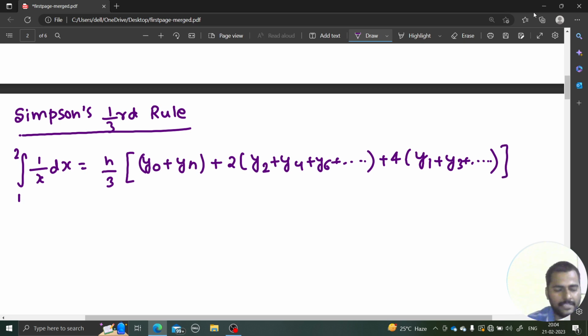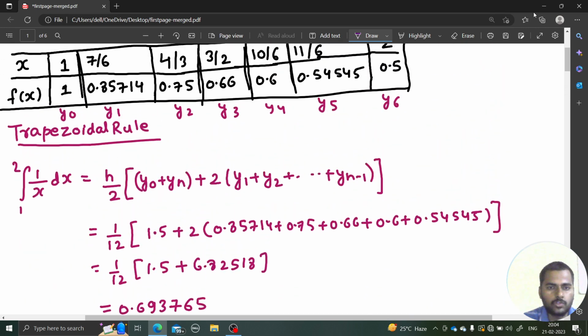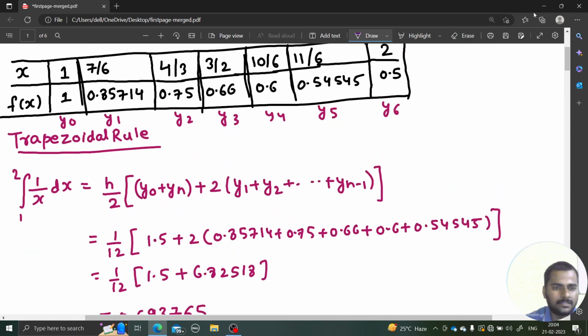So h by 3. h was 1 by 6, so this will become 1 by 18. Now y naught plus y1, that was I think 1 plus 0.5, which is 1.5, plus 2 times the ones we haven't taken yet. We don't have to take y0 and y6 because we have already taken them.